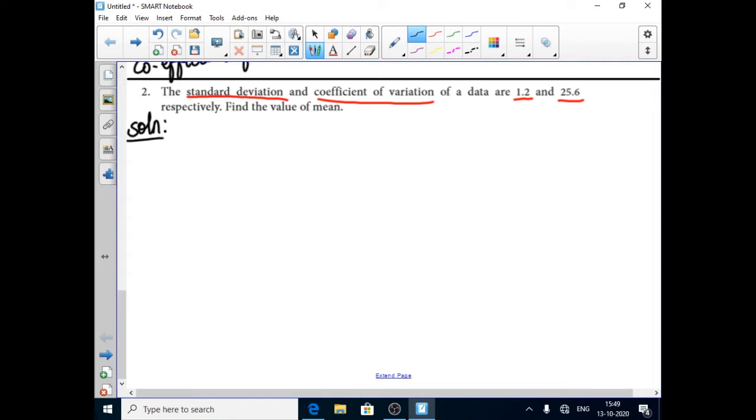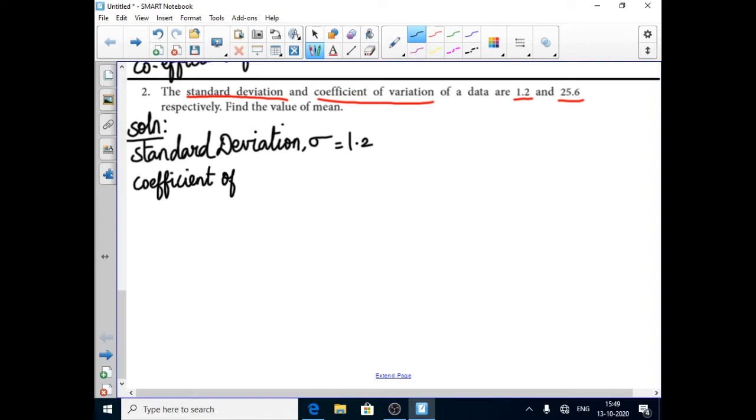Standard deviation, sigma is equal to 1.2. Coefficient of variation, C.V., is equal to 25.6.